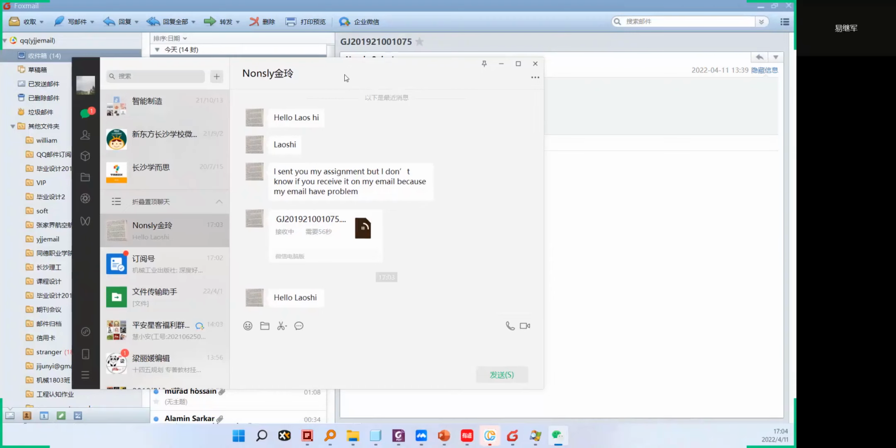Sorry, you better send me by email, because on WeChat there are some problems with transferring files.